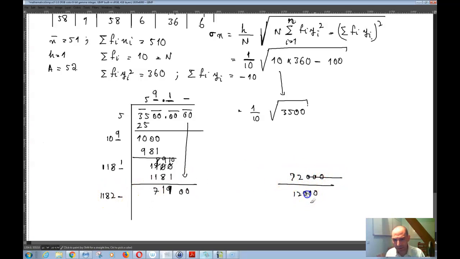So you can simplify, and 72 divided by 12 is equal to 6, and that's around 6 times.